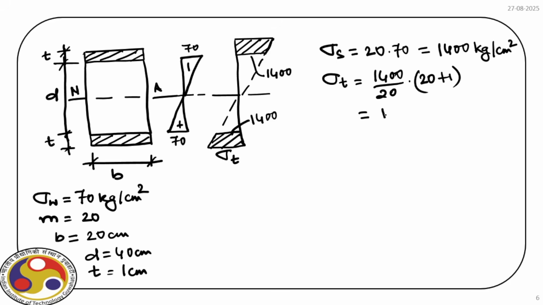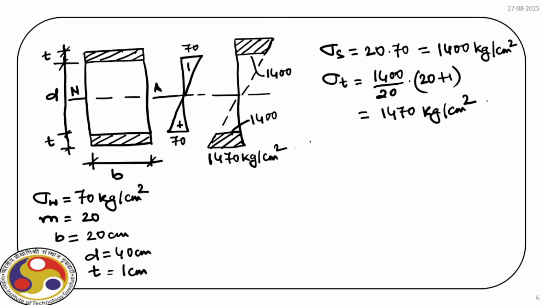So this is 1470 kg per centimeter square. So the extreme fiber of the steel plate will have a stress of 1470 kg per centimeter square.